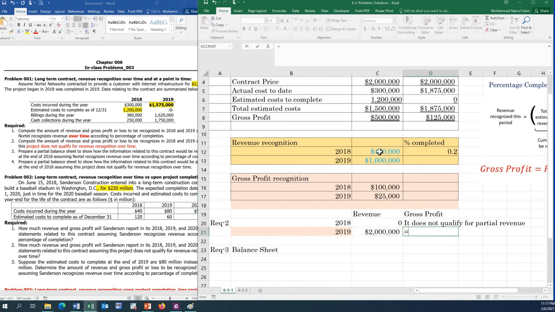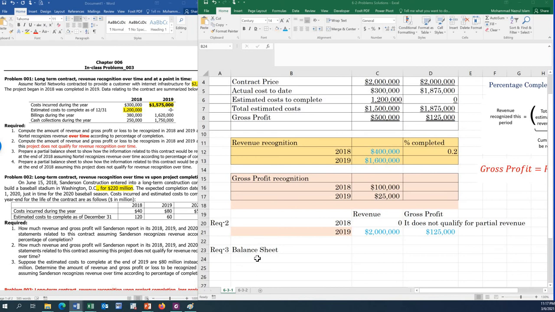I have not subtracted this 300,000 in 2018, so we will be subtracting the entire amount, that is, the cost to date. Okay, so I hope you got it.